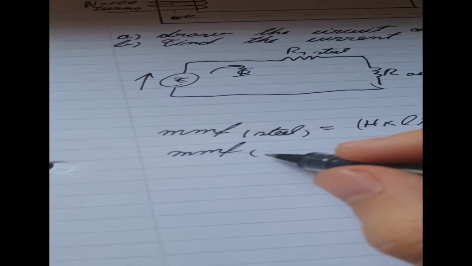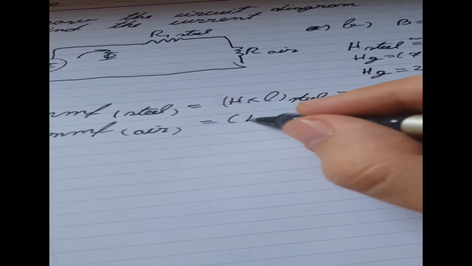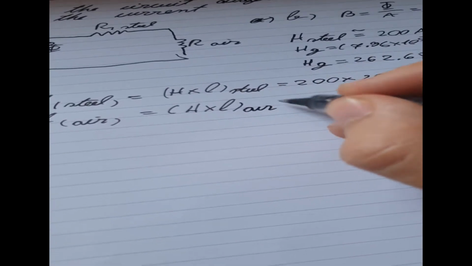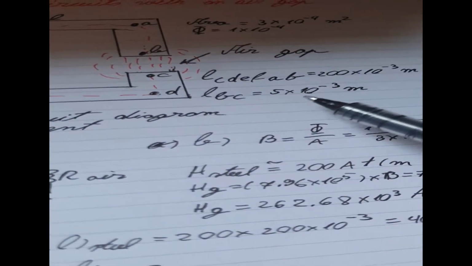And then MMF for the air will be equal to H times L for air, and we know for air it's 5 times 10 to the minus 3 meters because this is the air gap.